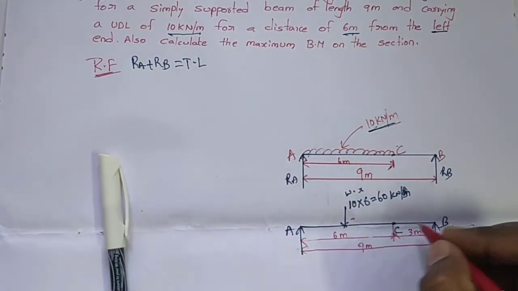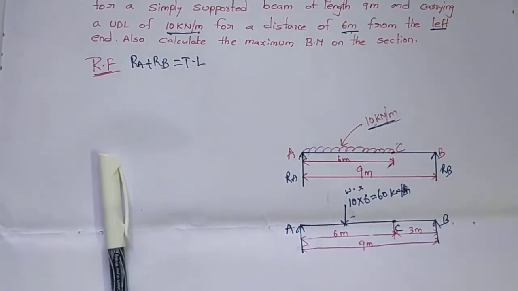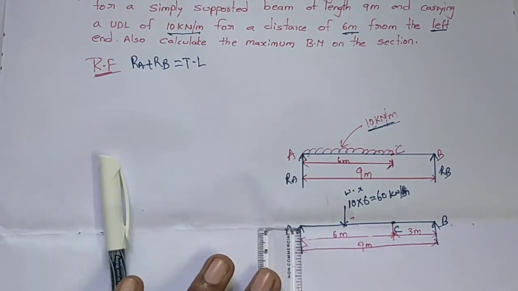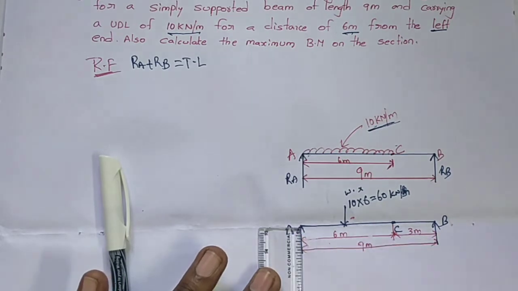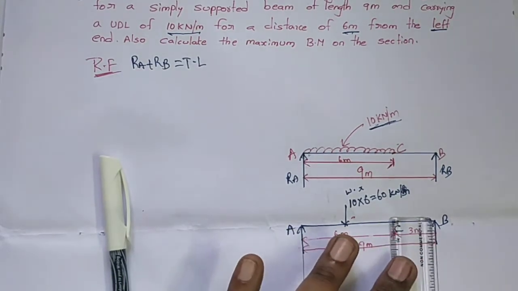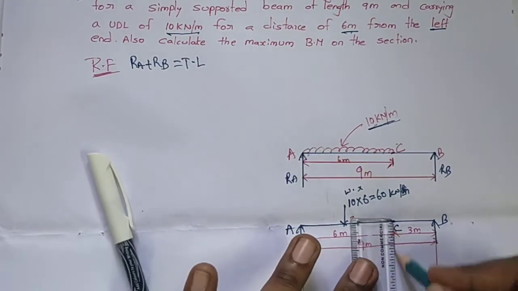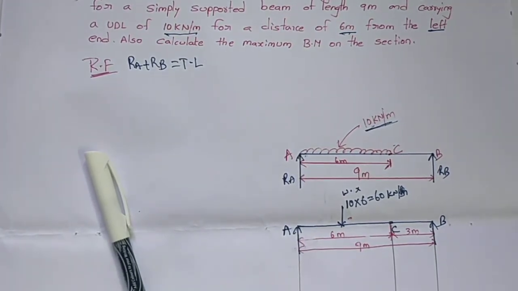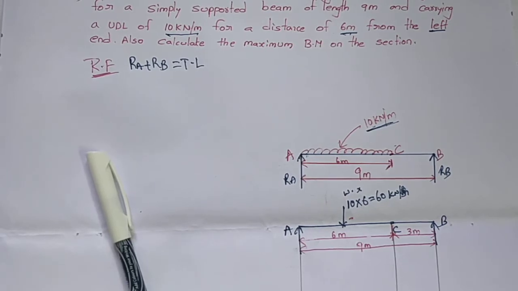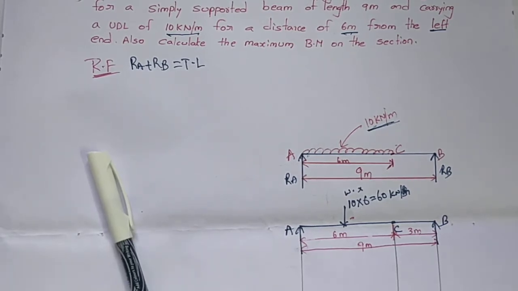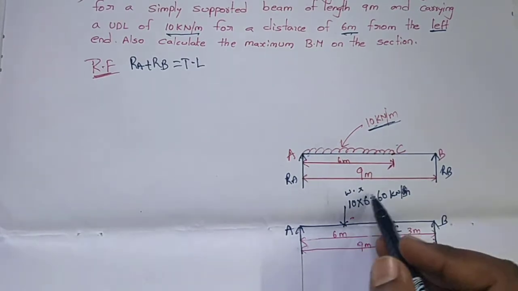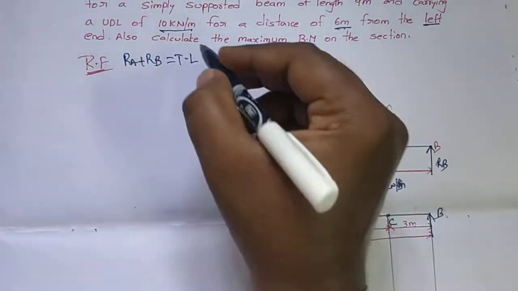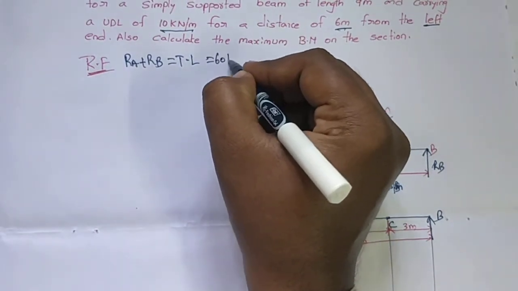This is point C. We need to calculate shear force and bending moment at points A, B and C. At these points we need to calculate shear force and bending moment values. First, calculate the total load on the beam. Here the total load on the beam is 60 kilonewton.